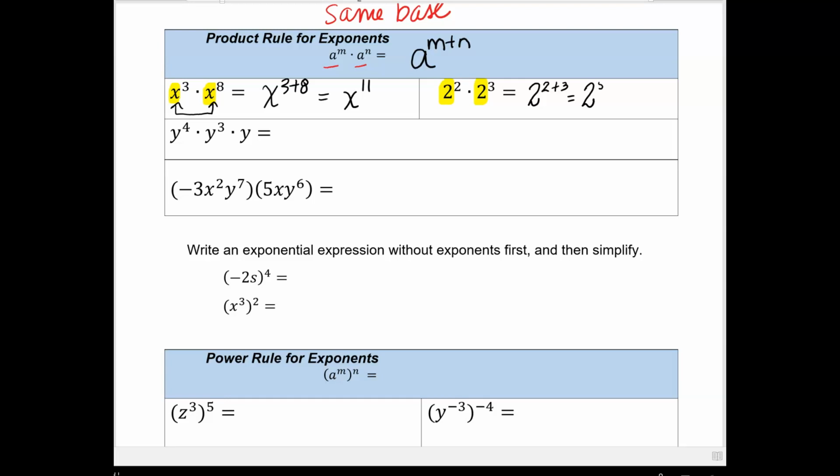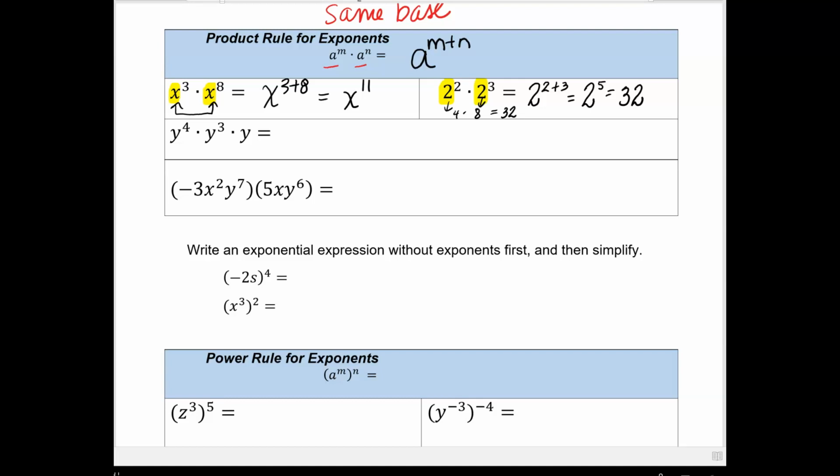So we have 2 to the 5th, which equals 32. But for this problem, since we're strictly dealing with numbers and not variables, you could have simplified 2 squared first and multiplied it times 2 to the 3rd power. So you could have multiplied 4 times 8, right, to get to 32.